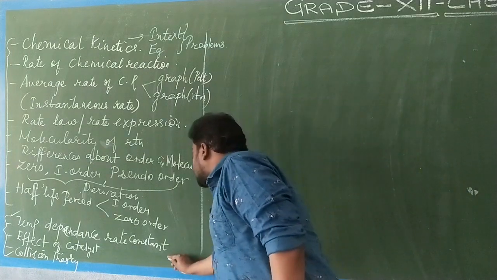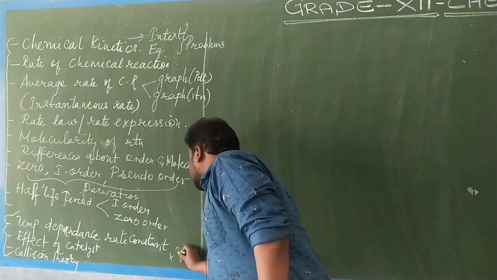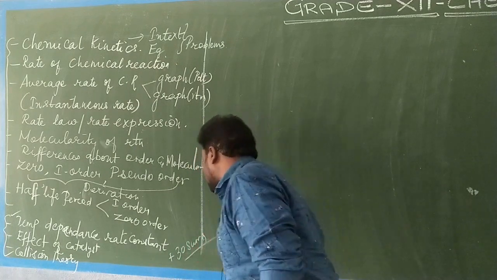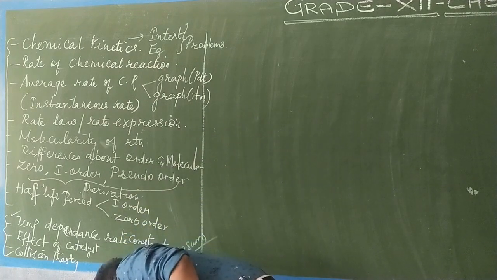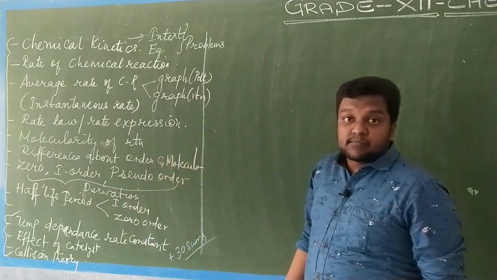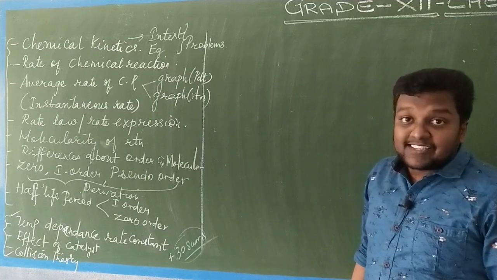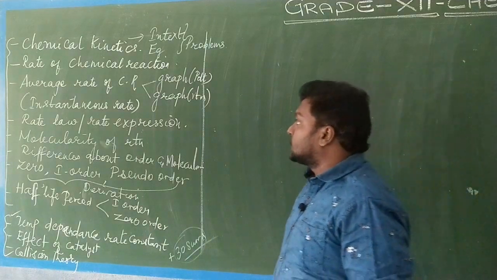In your textbook back there are 30 sums, and the 30 sums also we have to do. It's very easy, which is actually based on the in-text sums which I have given. Based on that only the 30 sums have been given in your textbook back question. So that is also easy.